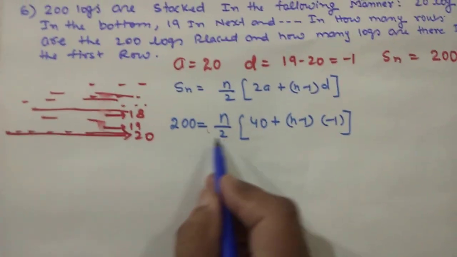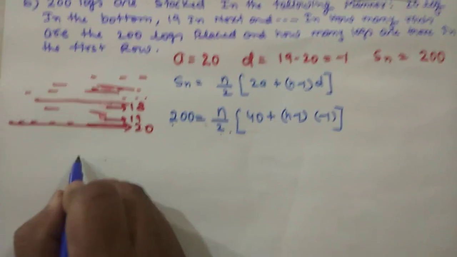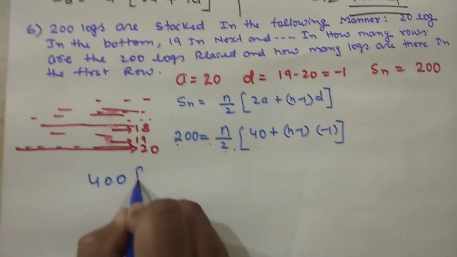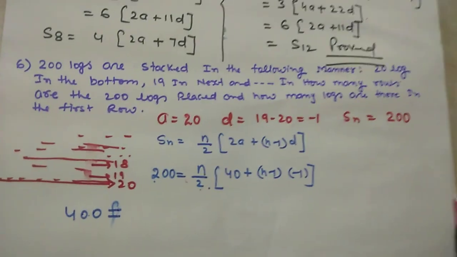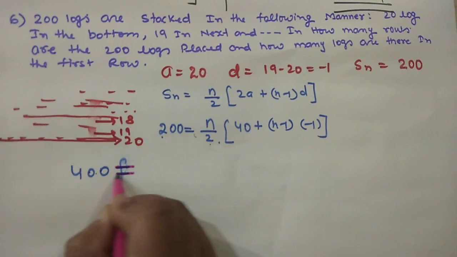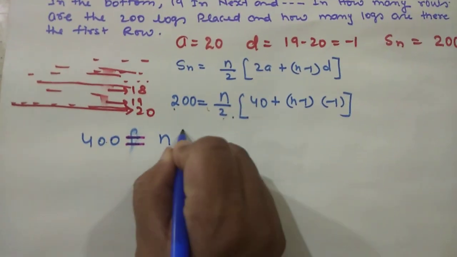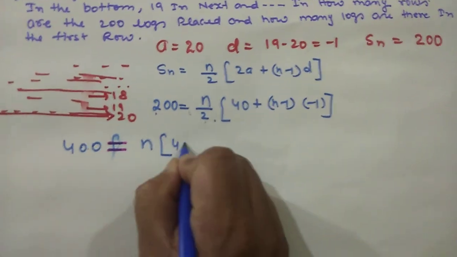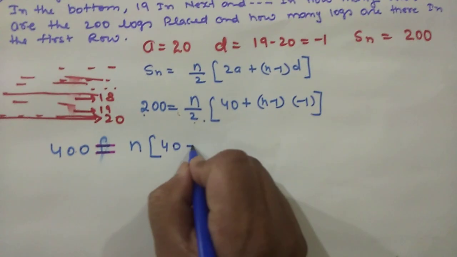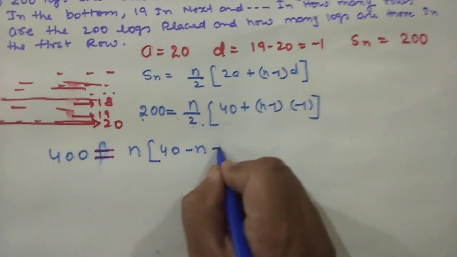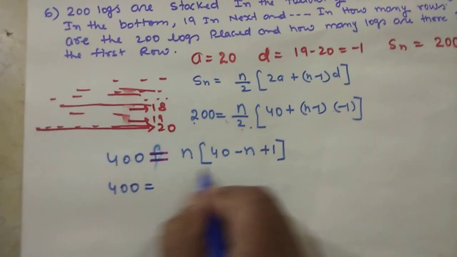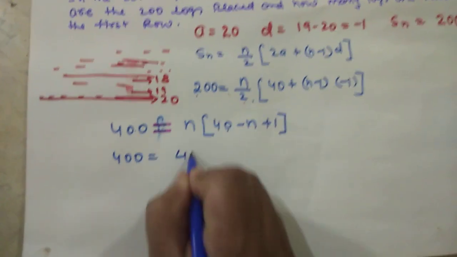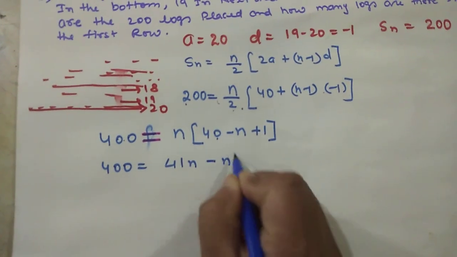So this 200 into 2 is 400, is equal to n times 40 minus n, minus minus plus 1, so 400 equals 40n plus 41n minus n square.